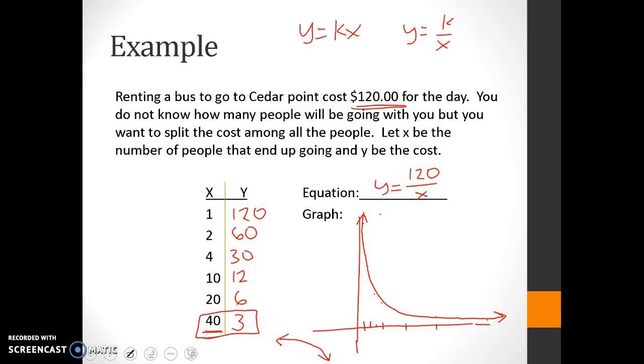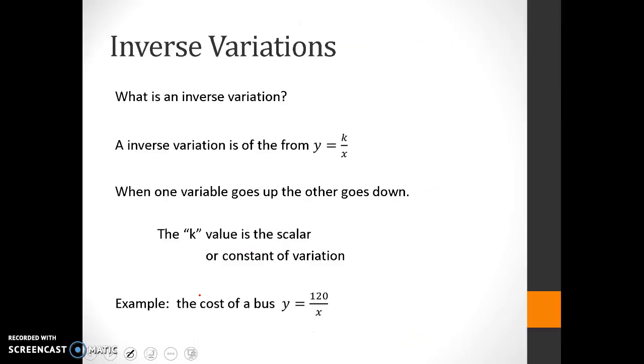And so you can see here that as the x values get bigger, the y values get smaller, and that's kind of representative in this chart too. The more people we get, the cost actually goes down. And so what is an inverse variation? Just like what we did yesterday, an inverse variation is of the form y equals k divided by x, as opposed to y equals k times x for a direct variation.